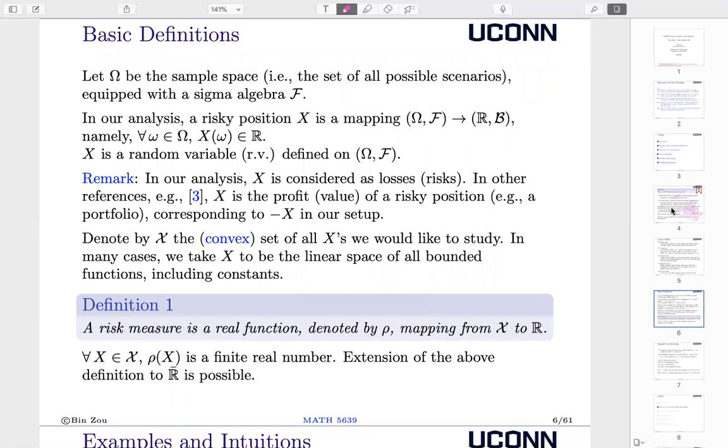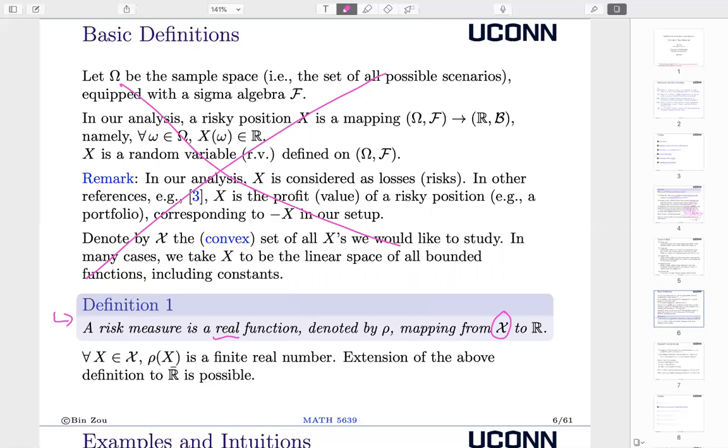Now let's start with the basic definition. Let's say you can pretty much ignore everything down here. Okay, that's fine. This is the most important mathematical definition for risk measure. A risk measure is a real function denoted by rho that maps from some set of risks to a real number.